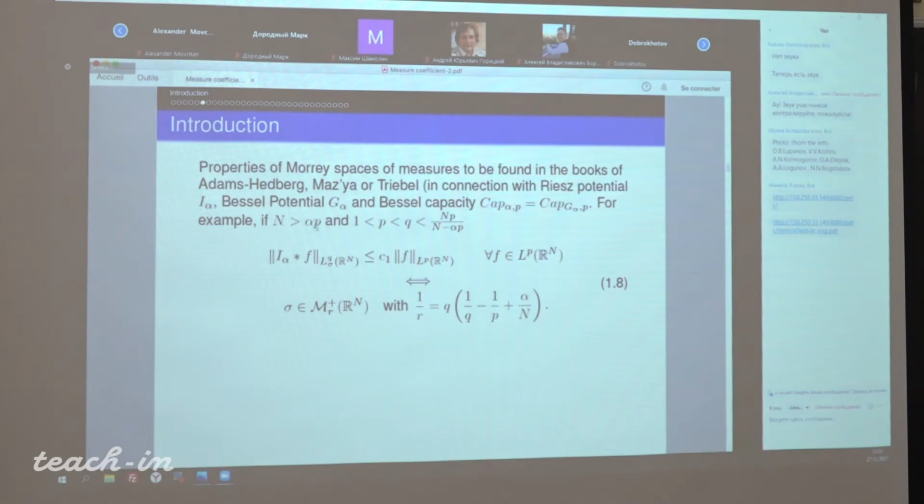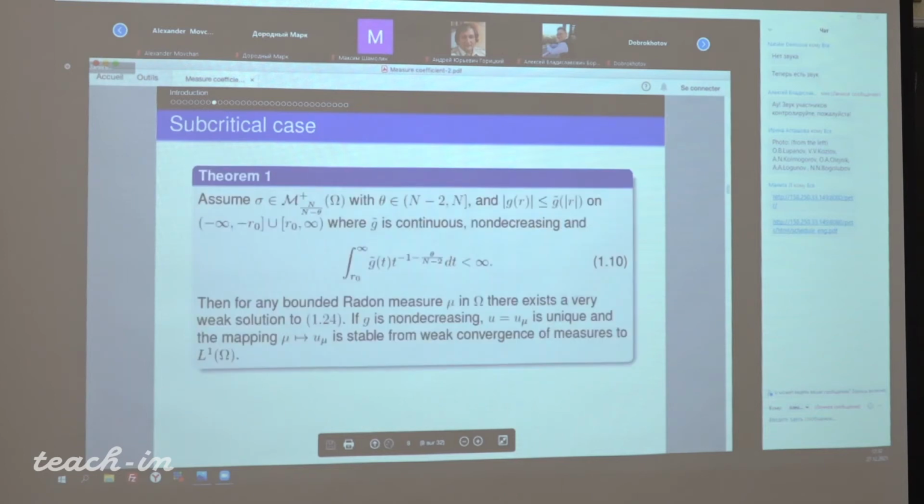If you assume that n is bigger than alpha p, and 1 is less than p is less than q is less than np over n minus alpha p, then the L^q sigma norm of I_alpha convolution with f is bounded by C times the L^p norm of f, for all f in L^p, if and only if the measure sigma belongs to the Morrey class with 1 over r equal to 1 over q minus 1 over p plus alpha. This is that result.